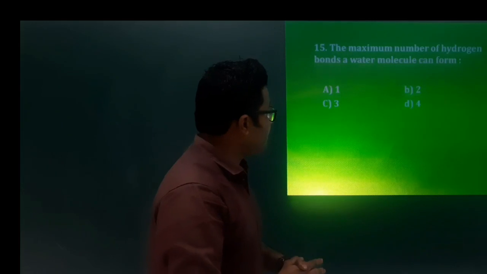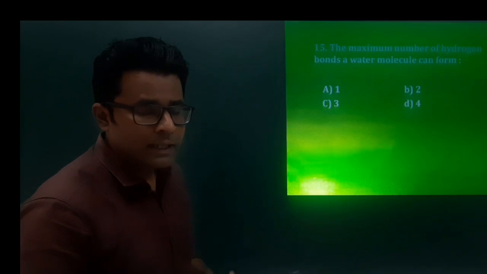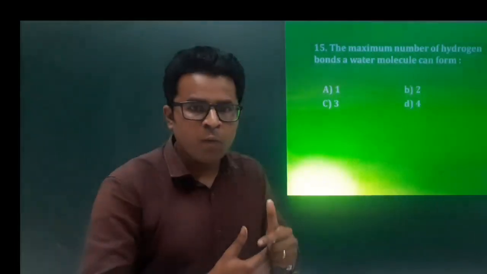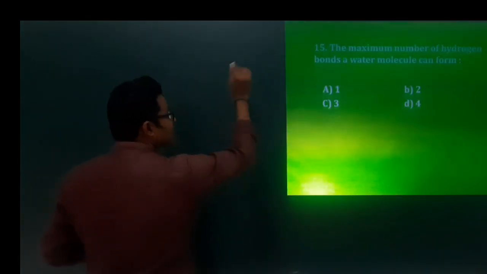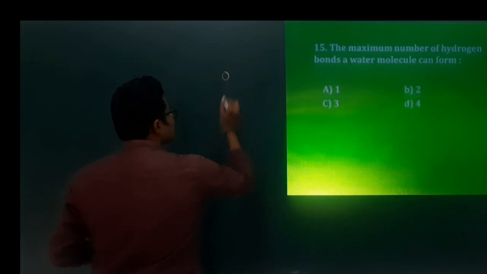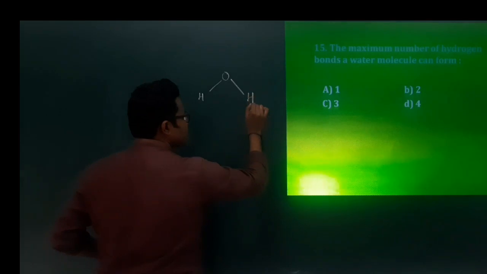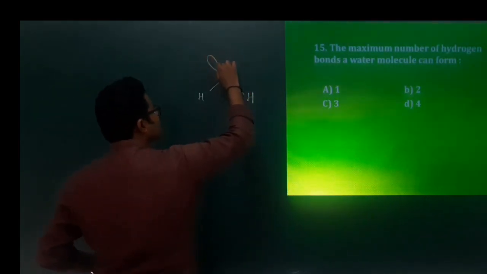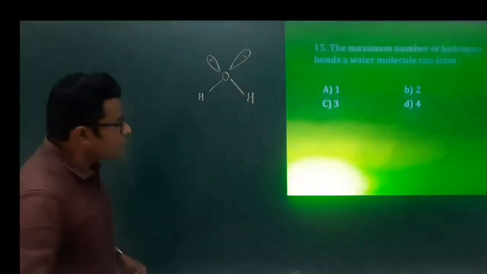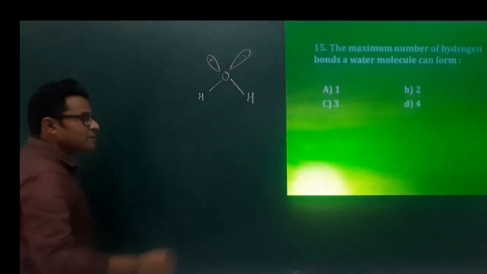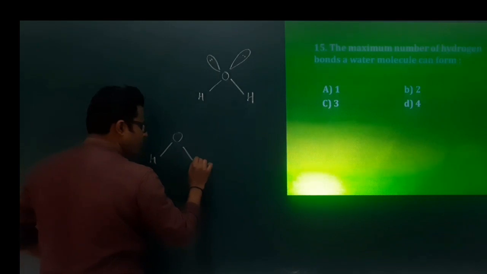The next question: maximum number of hydrogen bonds a water molecule can form. This is a little bit like a logical question, so we need to understand the structure first. Let's consider oxygen connected to hydrogen over here and the next hydrogen over here. It has of course the lone pair of electrons, one over here, another one over here. Now, the adjacent molecule, let's say there is another oxygen connected to 2 hydrogens.